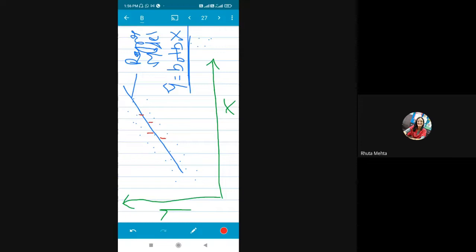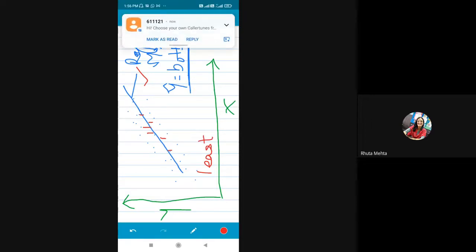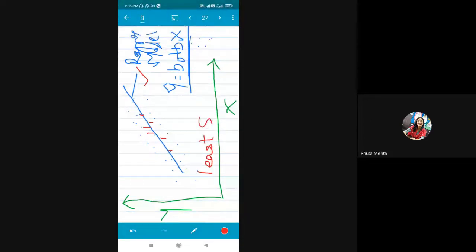Can you see this? Near. Okay. This red line is a deviation, and the blue dot is my actual value. So I try to make my model so that the errors, and the square of errors, are going to be minimum.